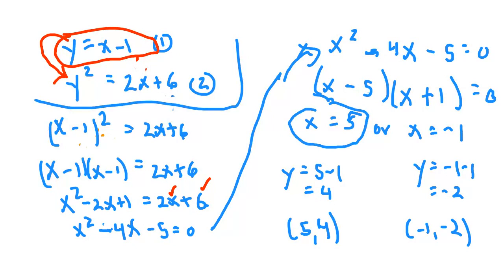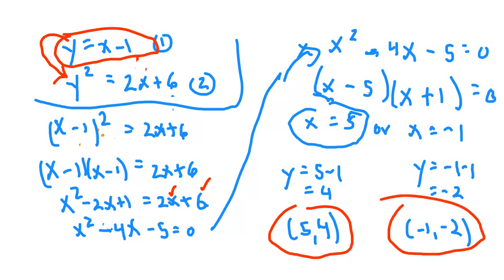So these here are your points of intersection. You can certainly always get your points of intersection this way, but you're welcome to use Desmos also to get the points of intersection. That's perfectly fine.